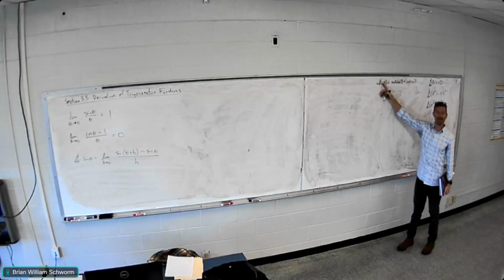There's one with sine being added and another one for sine being subtracted. And then there's a third one with cosine being added and a fourth one with cosine being subtracted.